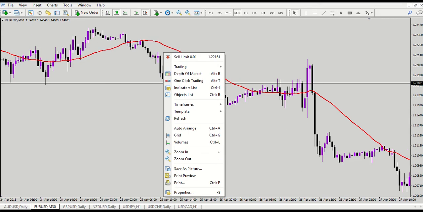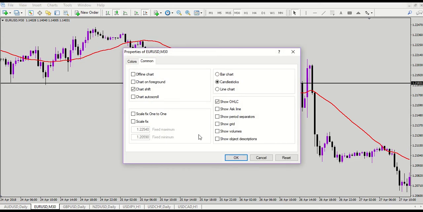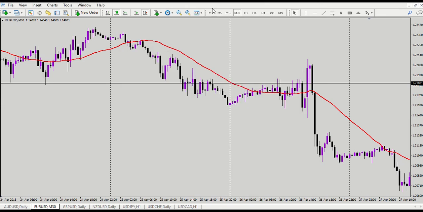I'm just going to do this here real quickly to make it a little bit easy for us. Show period separators. So the 25th was on this day.